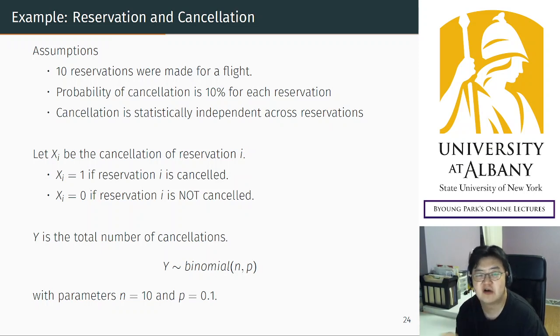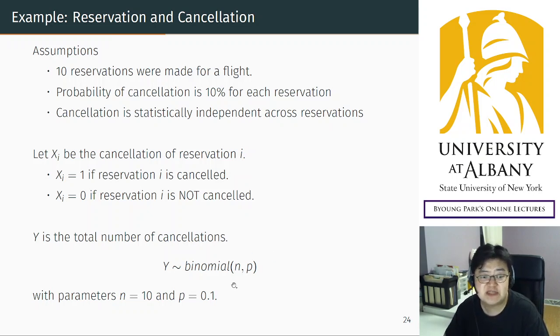So choose a random reservation and see if it's canceled or not, and you are doing that 10 times. So the first reservation is one experiment, and you have 10 reservations. So there are 10 repetitions of the binary experiment.